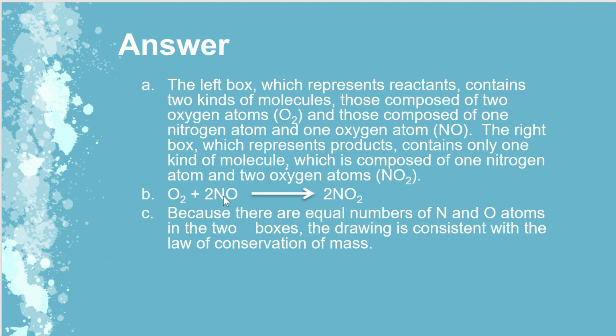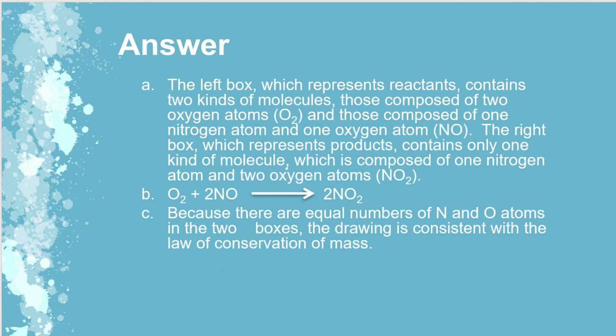All right, so in order to balance out the oxygens, we could put 2 here and 2 here, and that will give us 4 oxygens on the reactant side and 4 oxygens on the product side, right? And then of course the nitrogens would also be 2, so that will balance our equation.